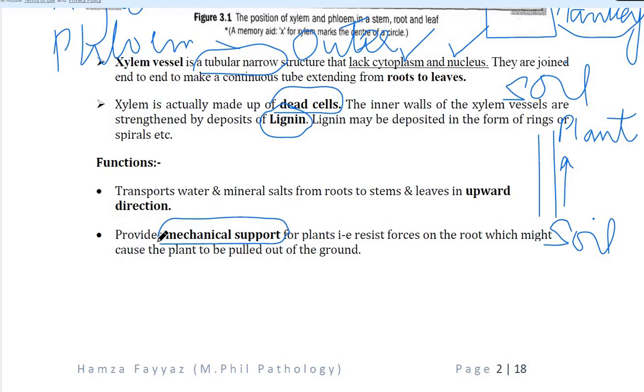So this is all about xylem. It transports water and dissolved ions from roots to leaves and other parts of the plants. The wall is made up of dead cells deposited with lignin, and the transportation of water and ions is only in the upward direction. It also provides mechanical support to the plant.